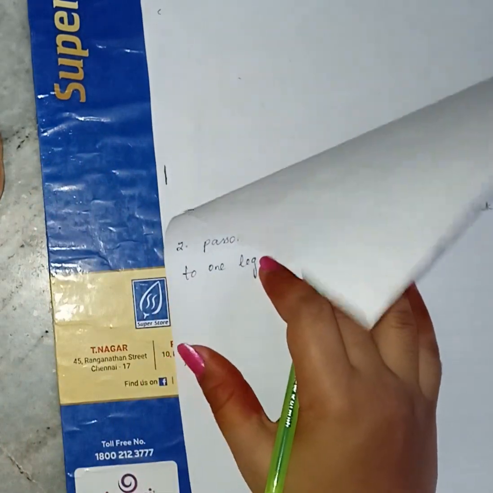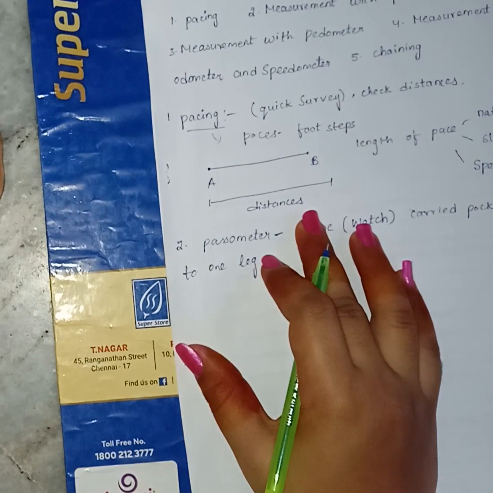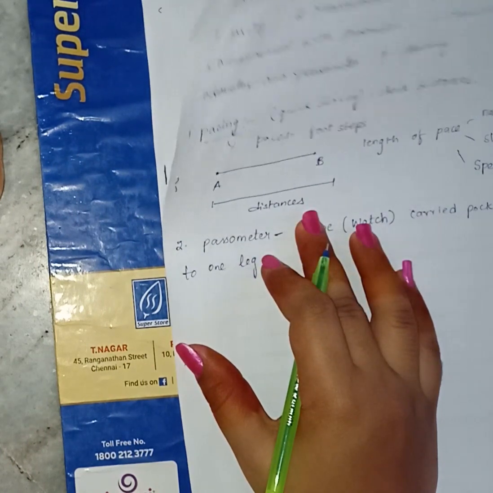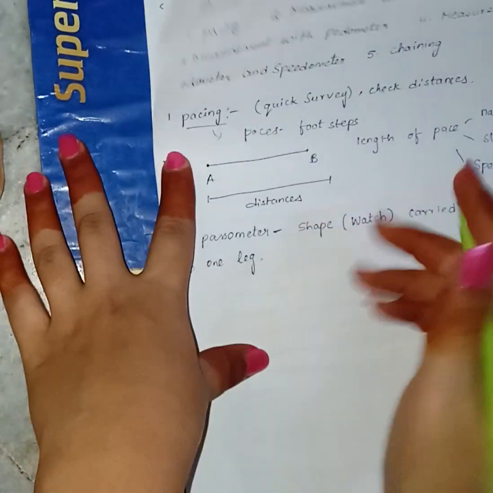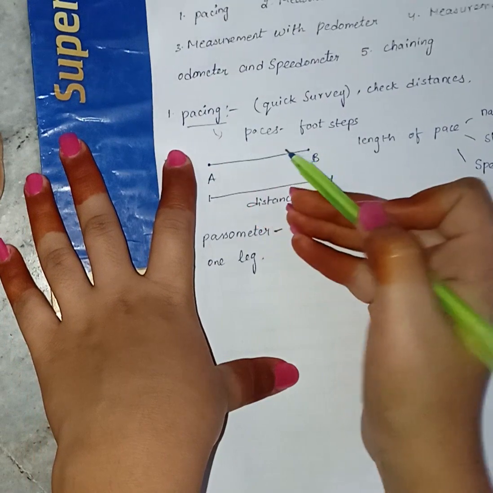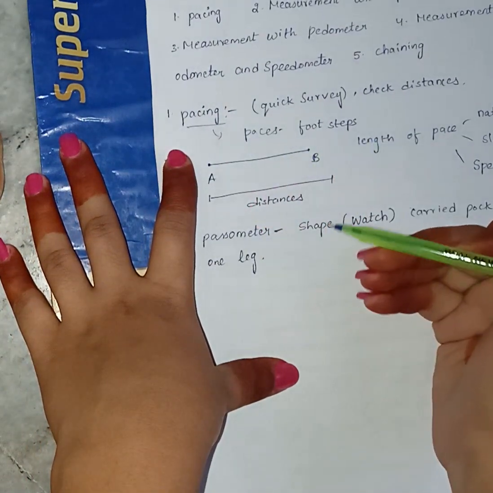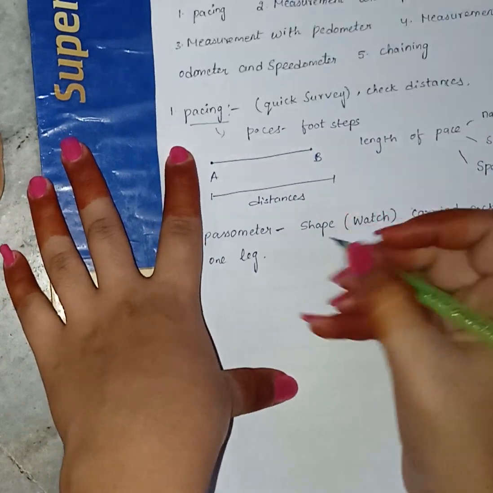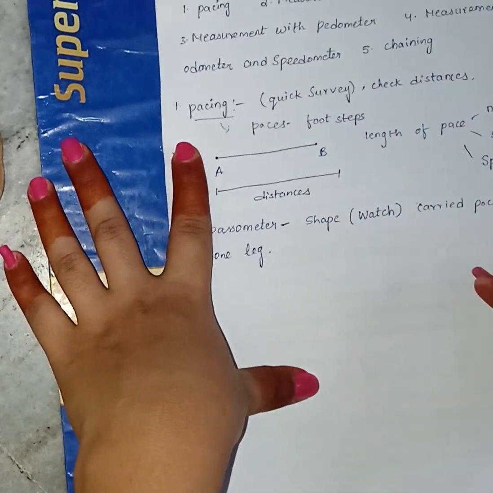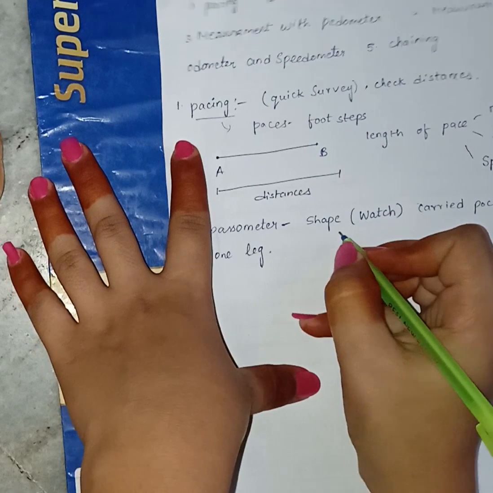The mechanism of the instrument is operated by motion of body and it automatically registers the number of paces, thus avoiding the monotony and strain of counting the paces by the surveyor. In the first case, pacing, we are counting the number of footsteps by ourselves. Means we are doing the surveying and we are also counting the number of paces. But in case of passometer, we are using an instrument.